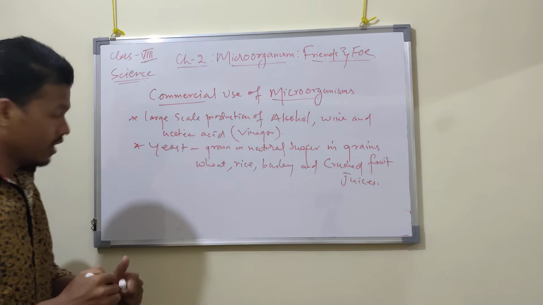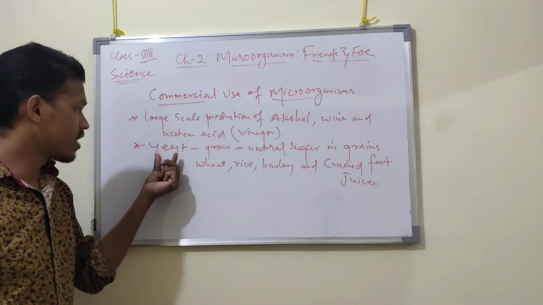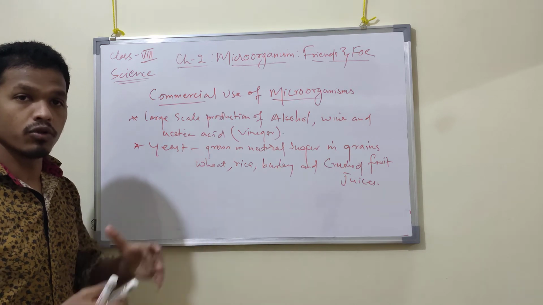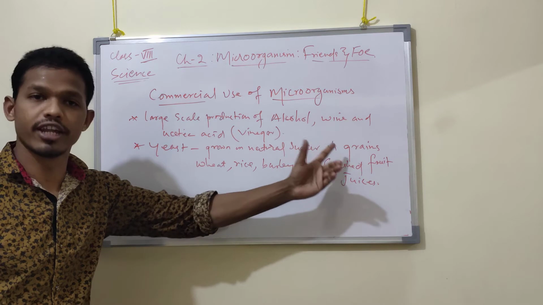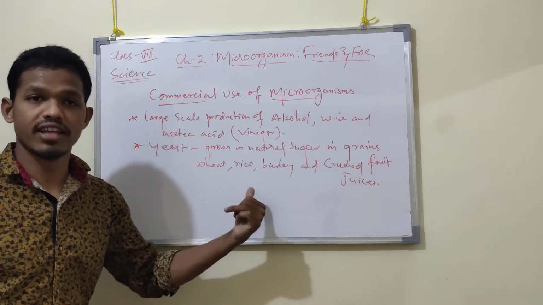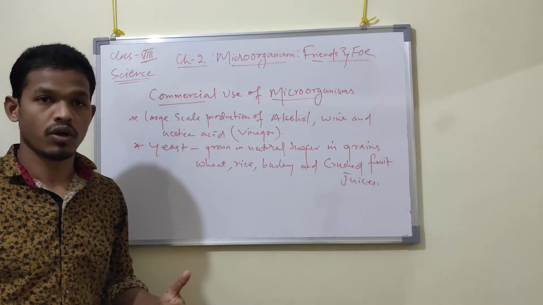So in order to produce a large scale of alcohol, we require a large number of yeast grown on natural sugar in food grains, that is wheat, rice, barley, and crushed fruit juice.